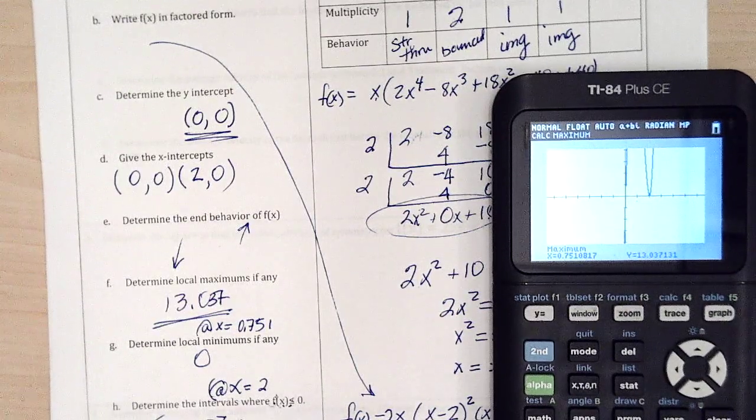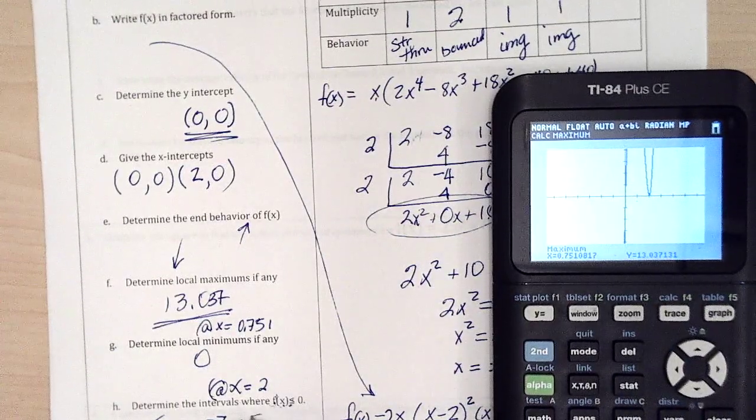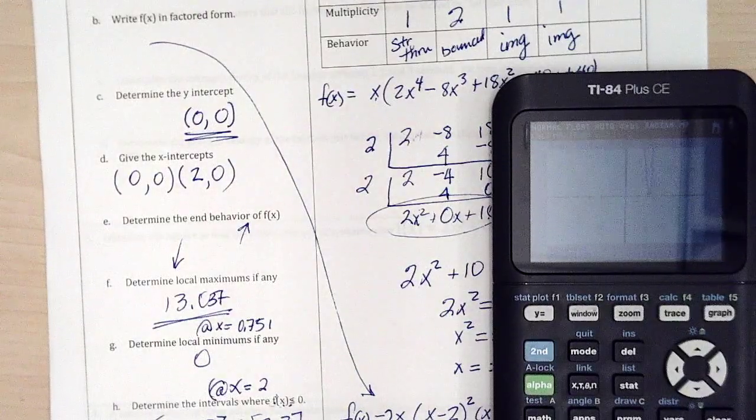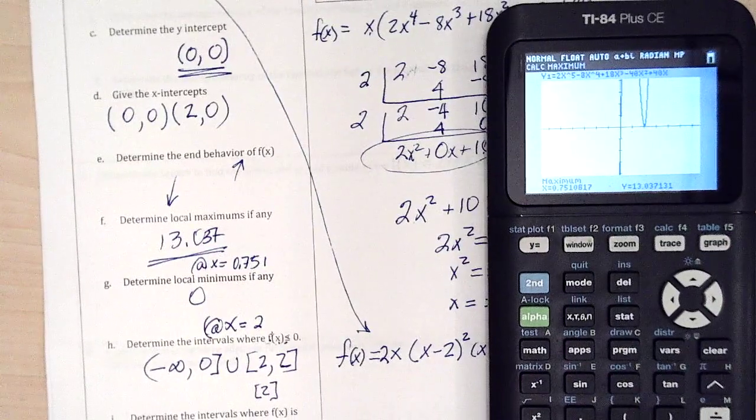Union, there's one other place, and that's at 2. So I'm going to say from 2 to 2, including the 2's. That's a very small interval. The book will allow you to write just 2 for a single value like that, but I do from 2 to 2.